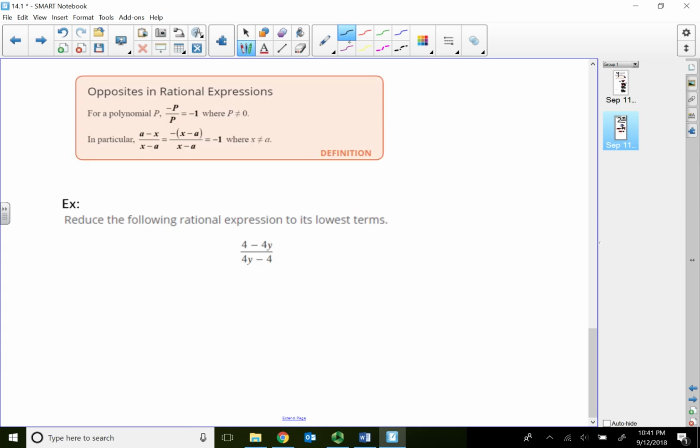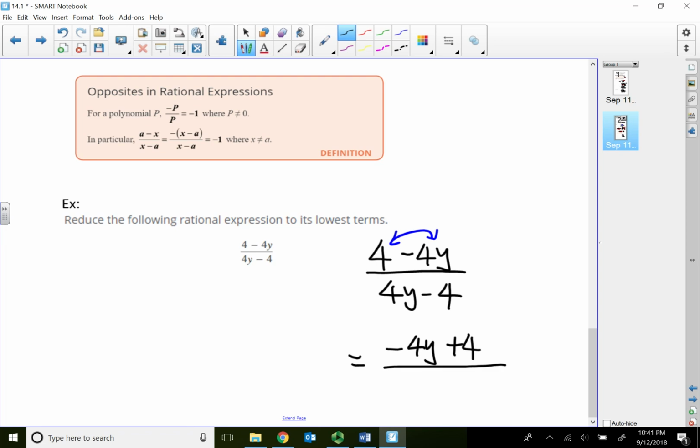All right, so let me explain this to you real quick. I'm going to write this problem here on the side. So basically, 4 minus 4y over 4y minus 4. I'm going to try to make the top look just like the bottom. So the first thing I'm going to do is swap the order of these two terms. That means I should have negative 4y plus 4 over still 4y minus 4.